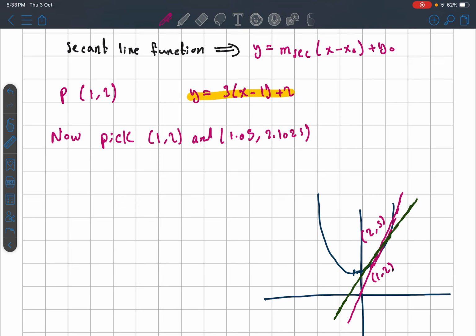Okay, so now we bring the second point closer and closer to the first one, and let the second point be (1 plus h, f(1 plus h)), where h is small.